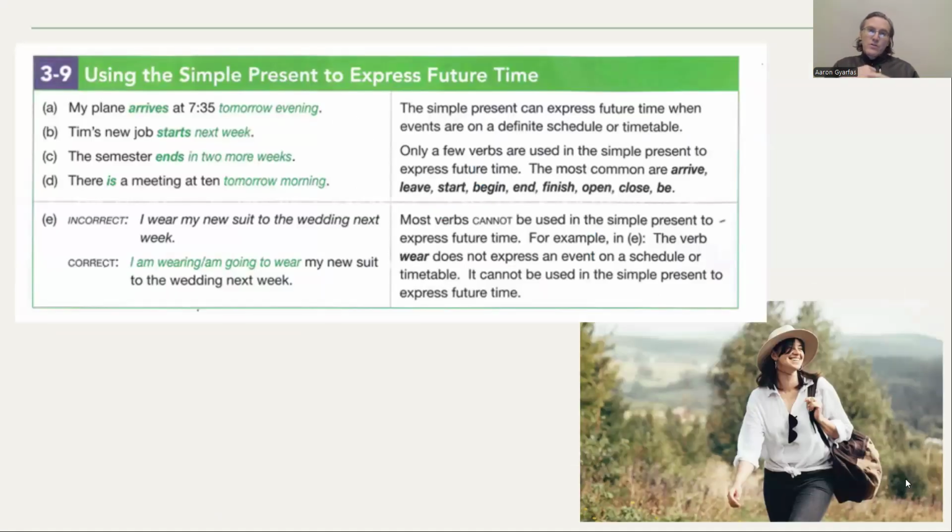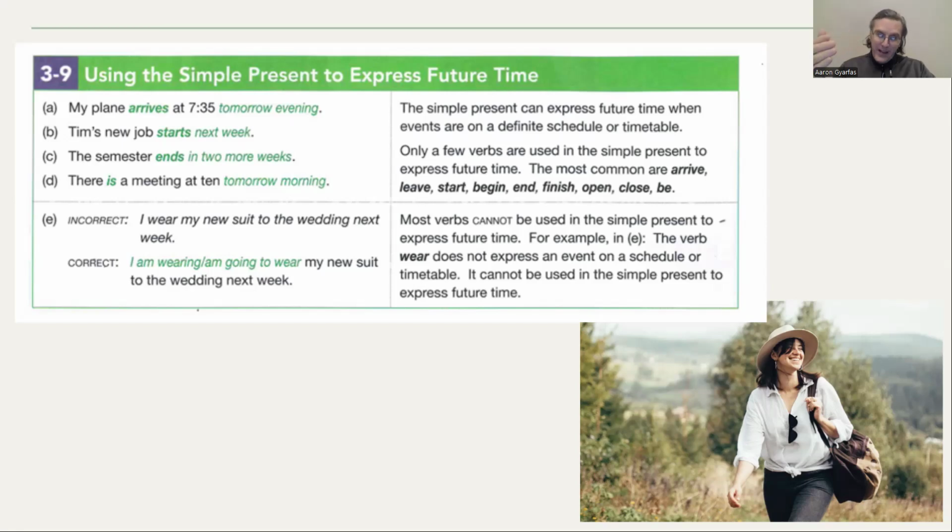Now we can also use simple present to express future time when the future events are on a definite schedule or timetable. Think about different things that have a schedule. Your work schedule at your job, your school schedule, when your classes start and end, right?